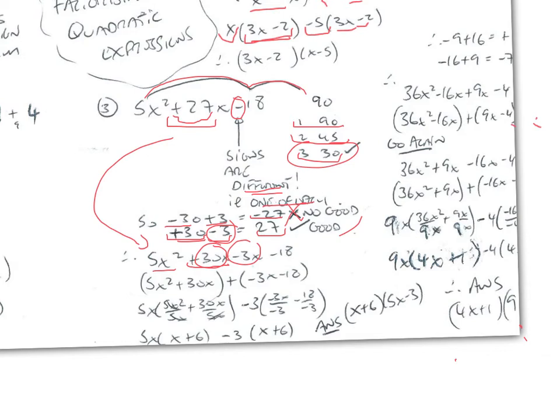We'll group our first two terms and our second two terms: 5x squared plus 30x and the remaining two terms. We'll take our common 5x out here and our common minus 3 out there. We end up with x plus 6 as the standout term and 5x minus 3 as the other term.